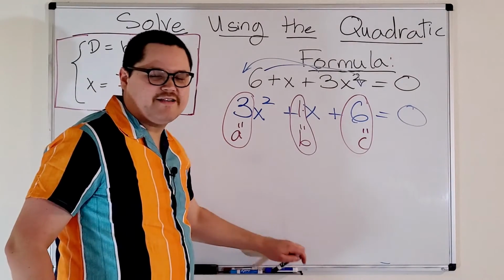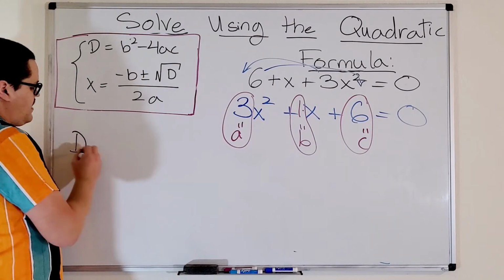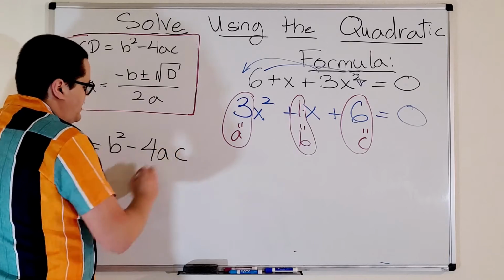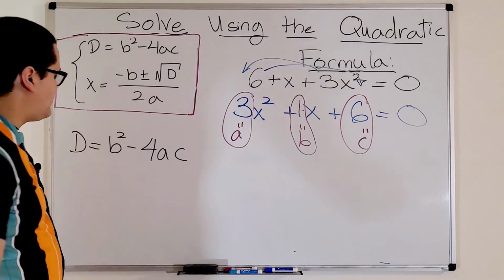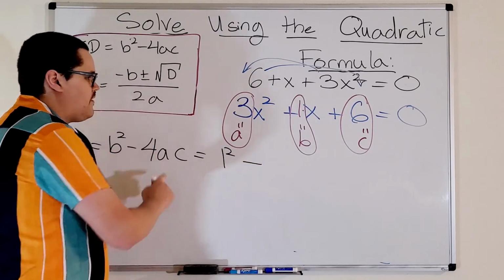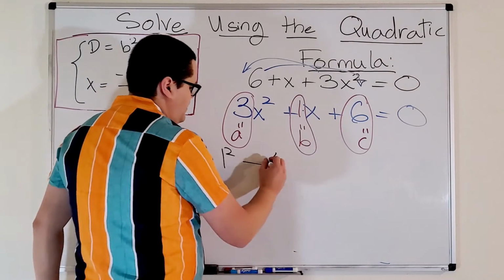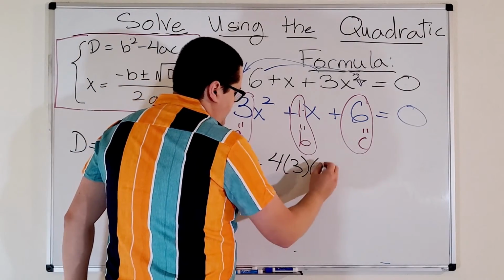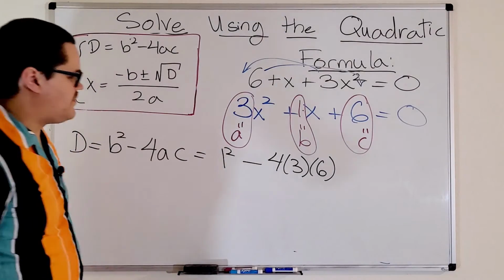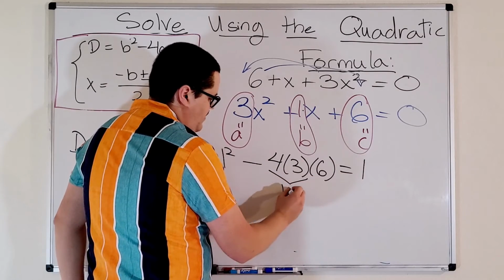Anyway, next step, the discriminant. So D is b squared minus 4 times a times c. So b squared is 1 squared minus 4 times 3 times 6. Okay, 1 squared is 1 times 1, which is 1. 4 times 3 is 12.